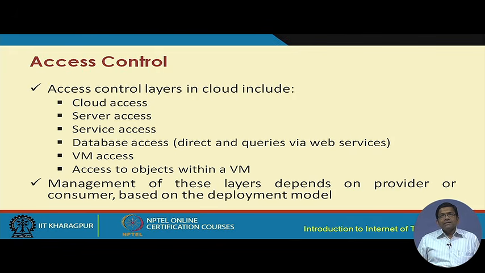Access control layers in cloud include cloud access, server level access, service level access, database access, both directly and indirectly. Directly, the queries should be sent via web services. Then VM access, virtual machine level access, and access to objects within a virtual machine. These are the different levels of access, and the control of access to these layers has to be taken care of. Management of these layers depends on the provider or the consumer based on the deployment model.